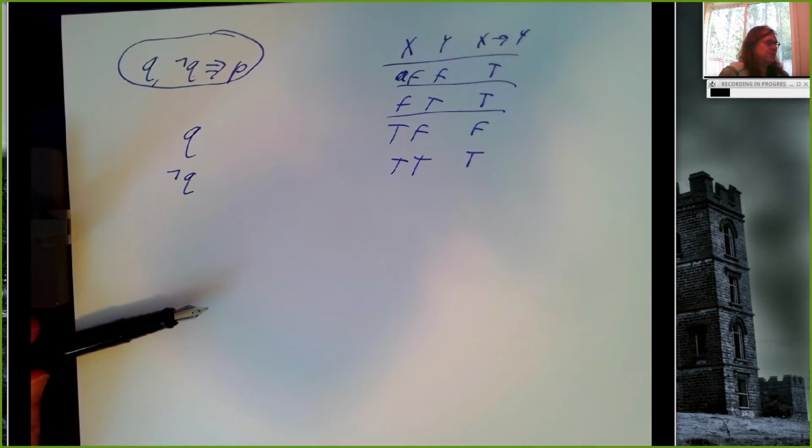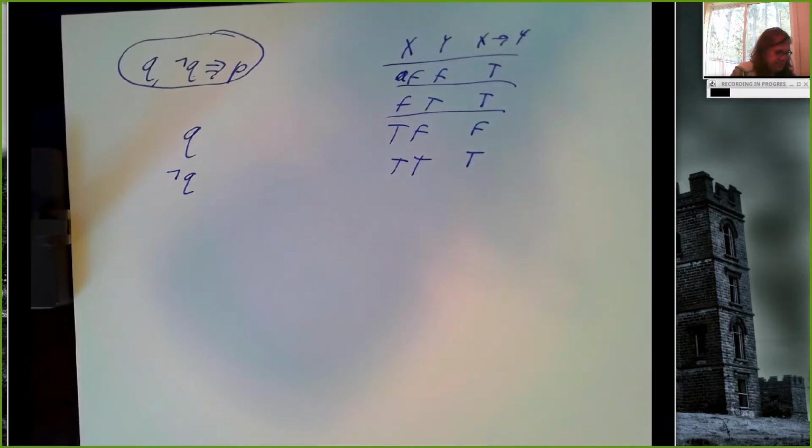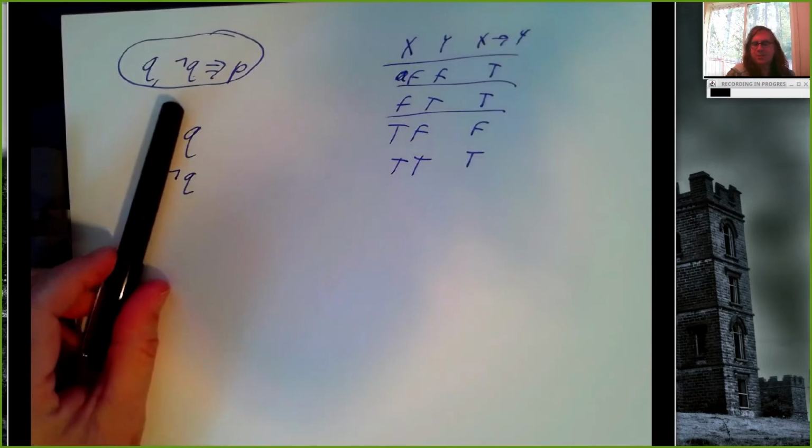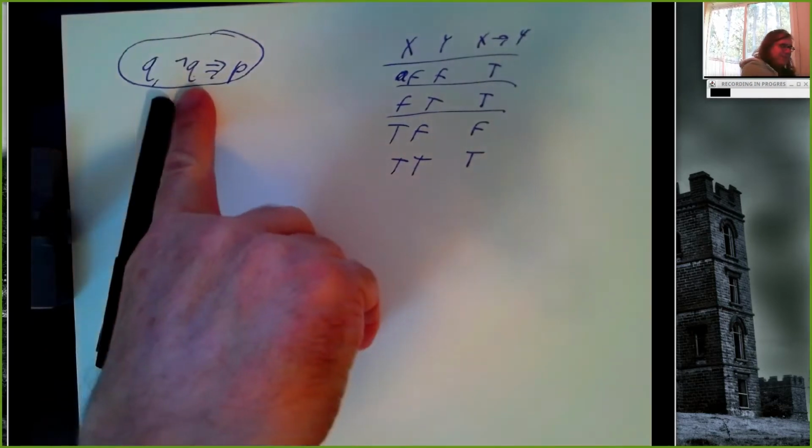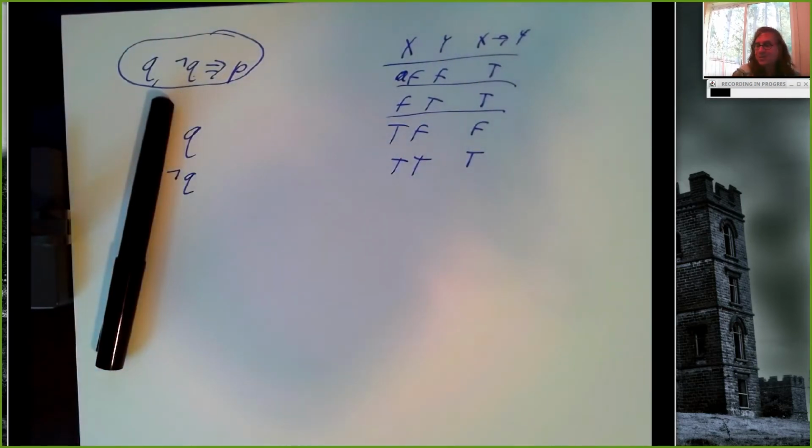But it is weird that Q and not Q implies that I won the lottery. And technically that's a true statement. I got one number out of like 18 numbers, so I guess I did win the lottery. But Q and not Q implies any proposition that you dream up. Q and not Q implies that 1 equals 3.